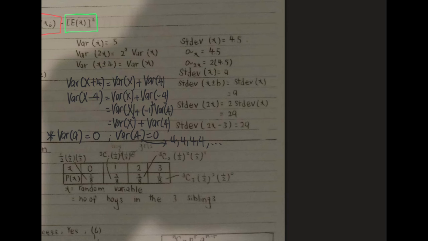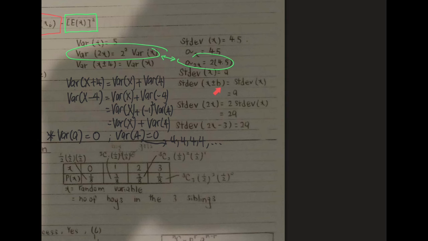Okay, so I just highlight this. This one you need to square. This one you don't square. You compare these two. Standard deviation of x is equal to a, let's say. For an example, if the standard deviation of x is a, what happens to the standard deviation of x plus or minus b?